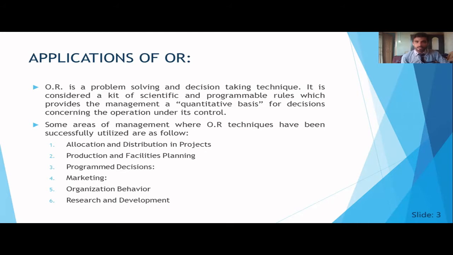Some areas of management where OR techniques have been successfully utilized are as follows: allocation and distribution in projects, production and facilities planning, programming decisions, marketing, organization behavior, research and development.